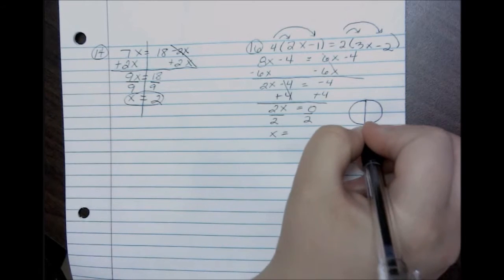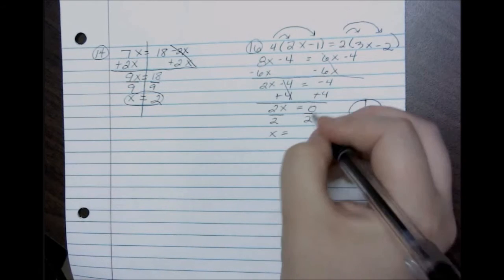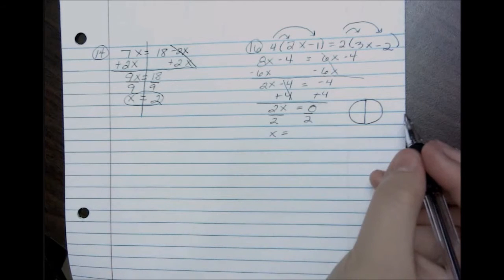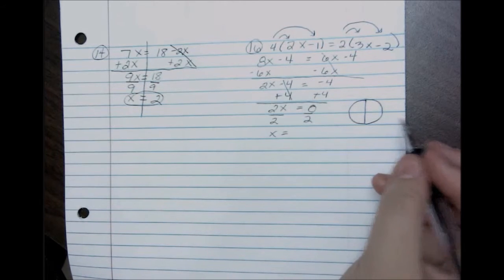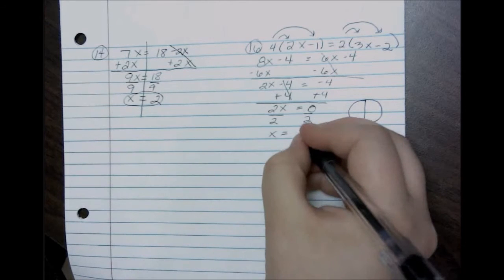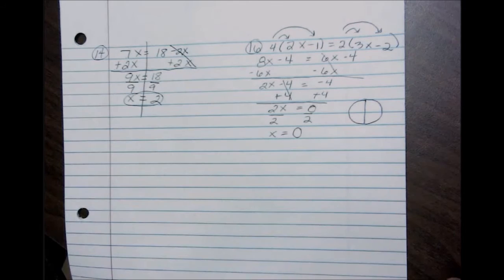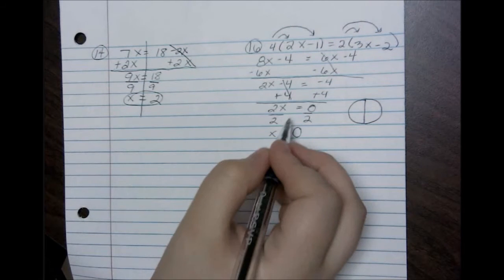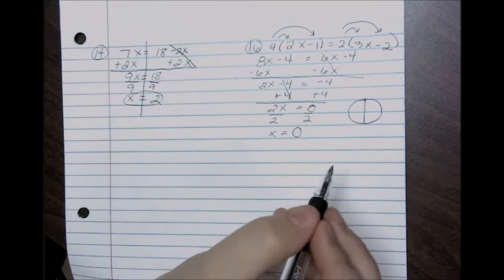Okay, so we split a pizza in half. And this is saying that we have 0 of those 2 pieces. Well, if we don't have any of those 2 pieces of pizza, then our answer is we have 0 pizza. We don't have any pizza. So whenever you have a 0 divided by a number, your answer is always going to be 0.